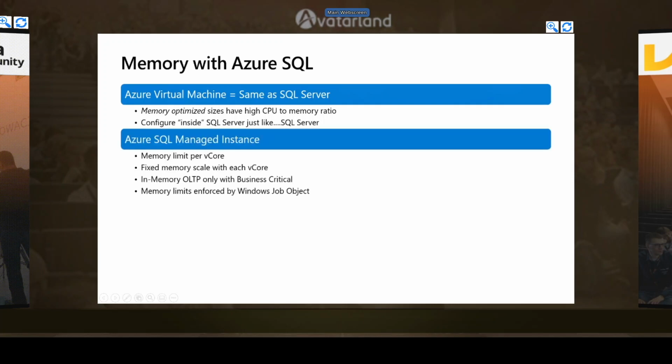This is a little different. It's platform as a service. So memory is going to be limited per vCore. And in fact, each vCore you set up is going to give you additional memory from an overall possible memory. Think of your fixed memory limit as being like the available physical memory of a VM for your managed instance.